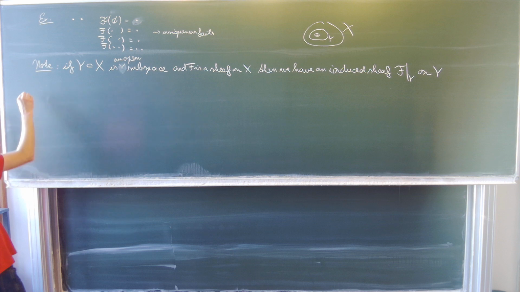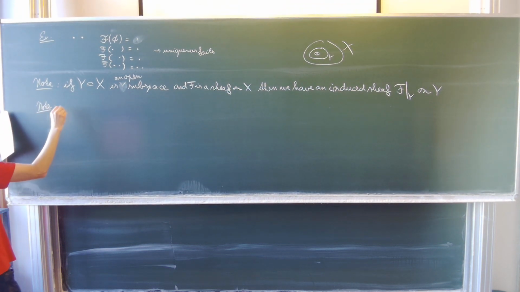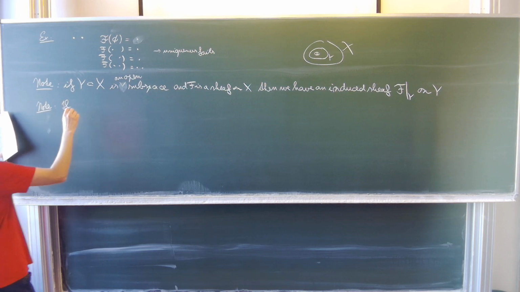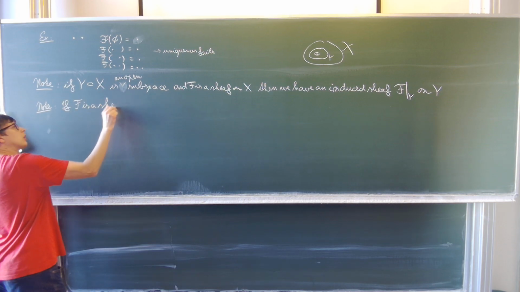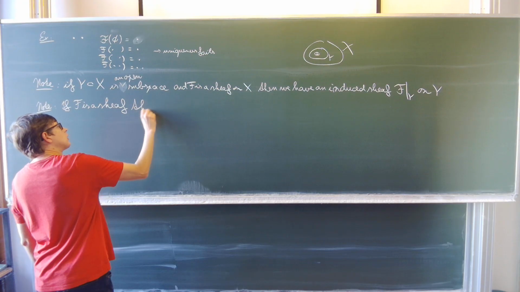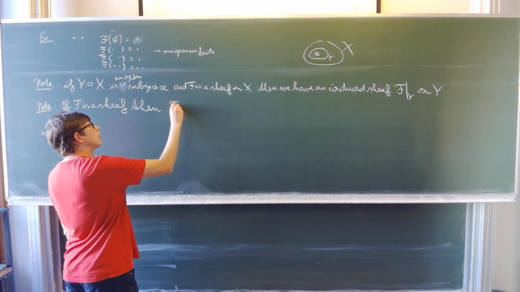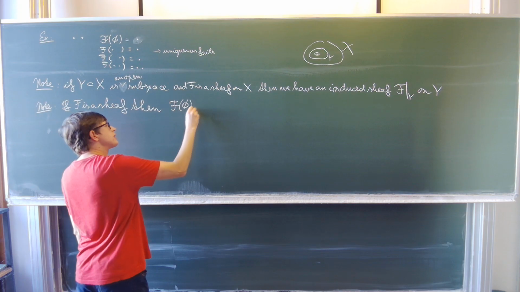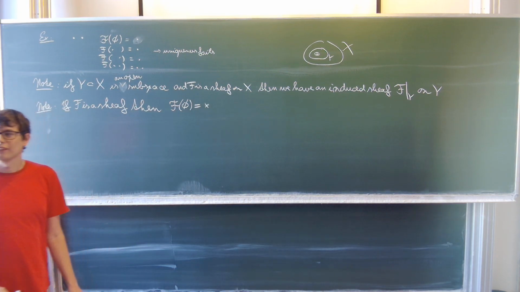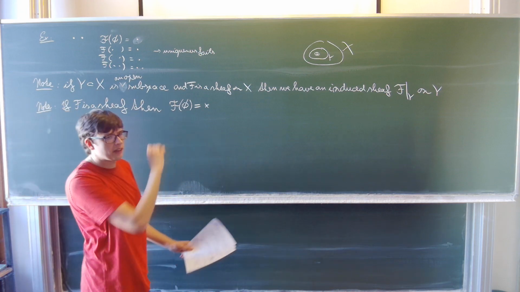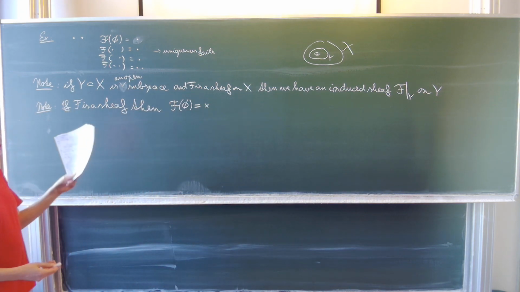Now, one note is that if read correctly, then if you have a sheaf, the evaluation of the sheaf on an empty set should be a point, or more generally a final object in the category in which the sheaf is valued.